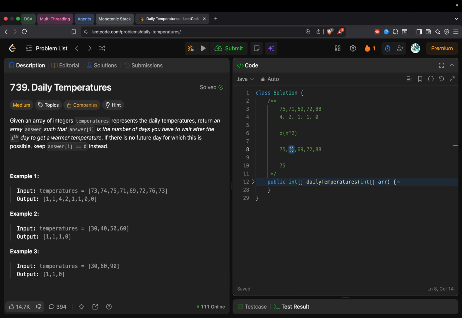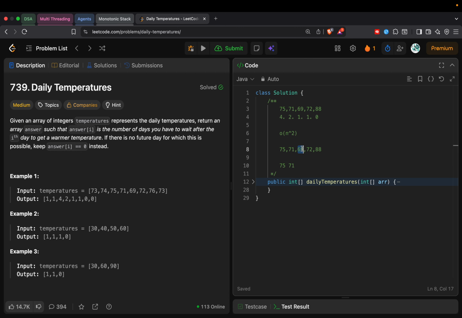Can 71 be a warmer temperature for 75? No, it is not, right? So since this is not a warmer temperature, I will also keep 71 in my particular space, saying that for these two I should still determine the warmer temperature.